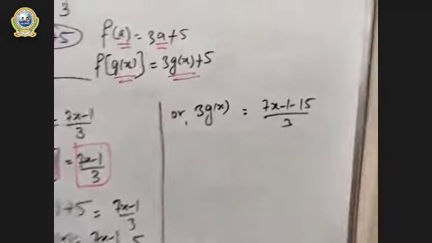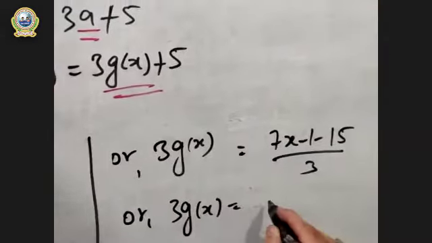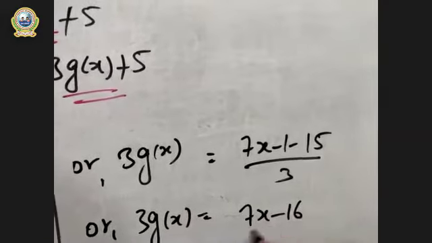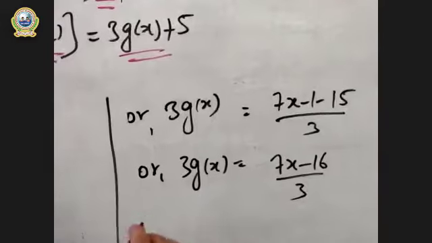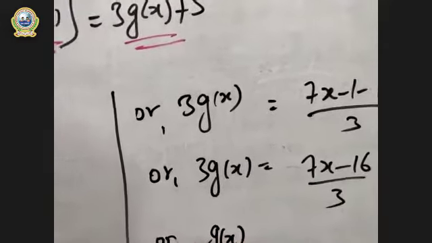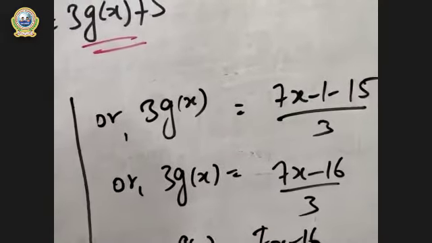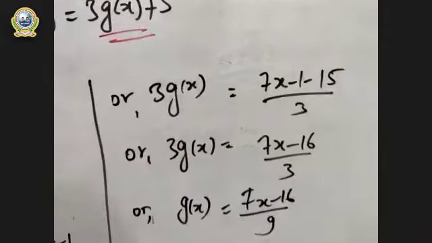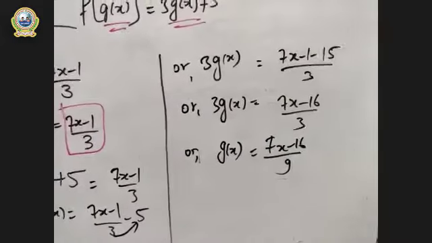Is this clear? Now this will finally be 3g(x) is equal to (7x minus 16)/3. Minus 1 and minus 15 are added over here. Now finally it will be g(x) is equal to (7x minus 16)/9, right? This 3 has been taken to the denominator part. Are you clear? So this is our answer.